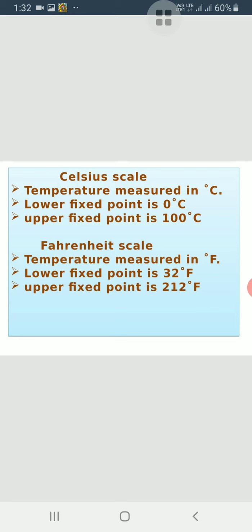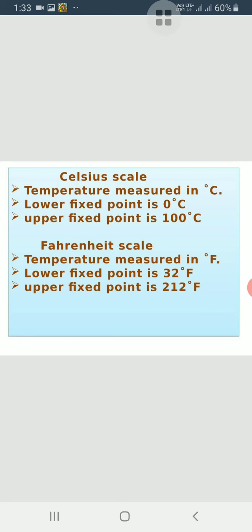On this scale, we take the temperature at which pure water freezes at sea level to be 0 degree C. This is known as the lower fixed point. The temperature at which pure water boils at sea level is known as the upper fixed point, and it is taken as 100 degree Celsius.